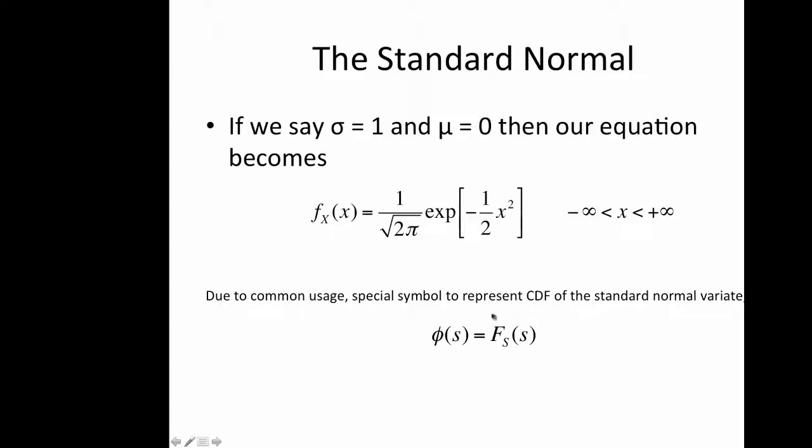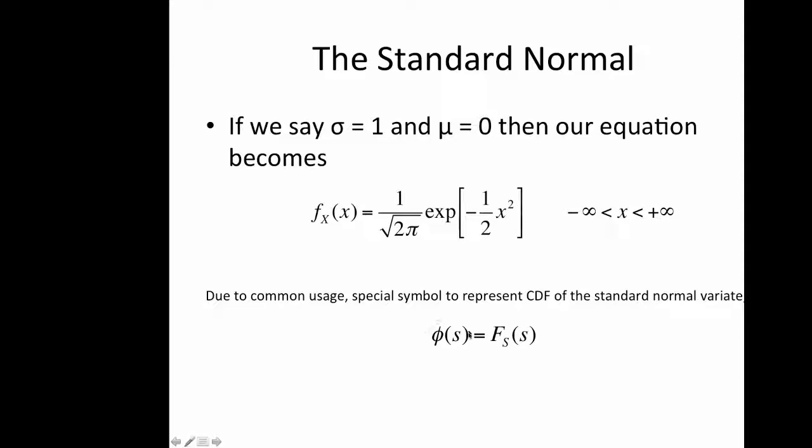So the CDF of the standard normal variate S, because now we're going to use S as the random variate symbol since we're talking about a standard normal. The CDF function, which we described in previous lectures as capital F sub S of little s, this is our random variate S taking on any value s.